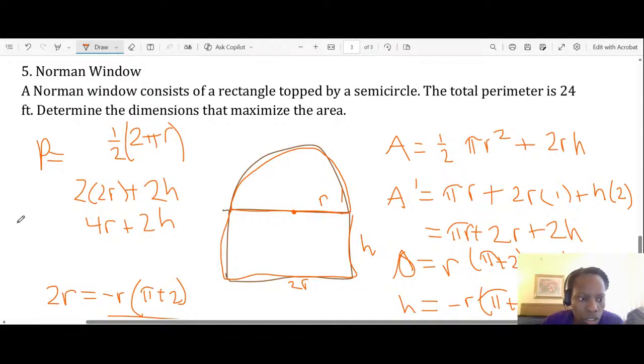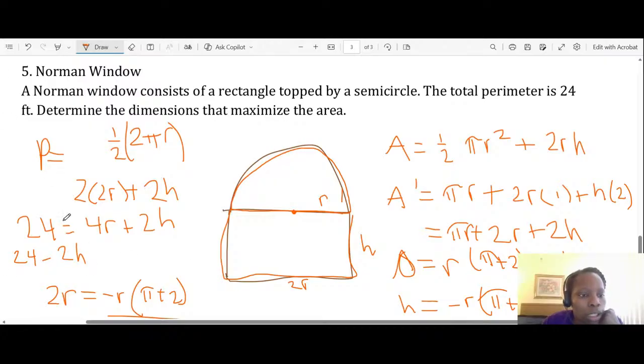And if that's 24, then we get r times h, or vice versa, right? Then we won't need to do the product rule like I did. So let me fix that. So we would say that 24 minus 2h.